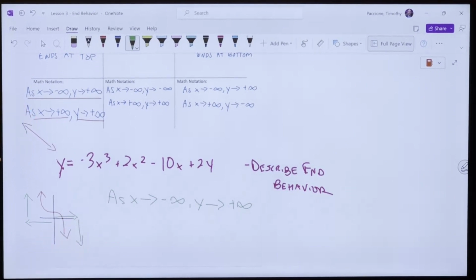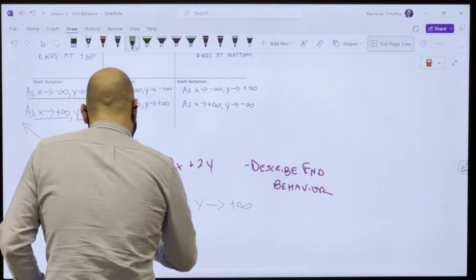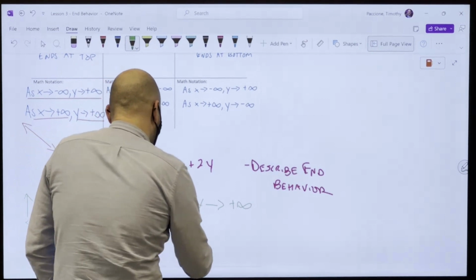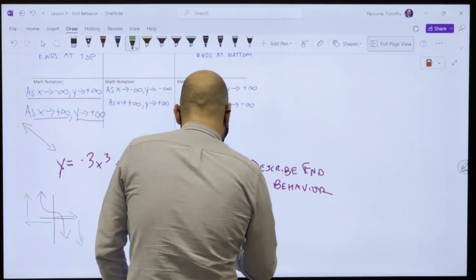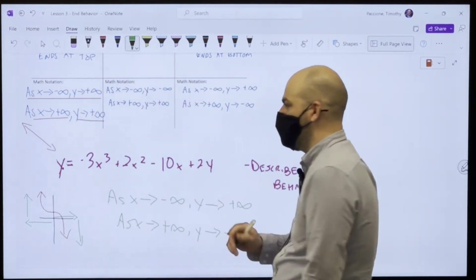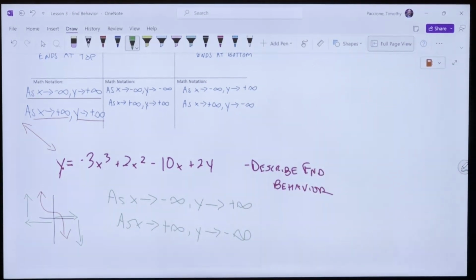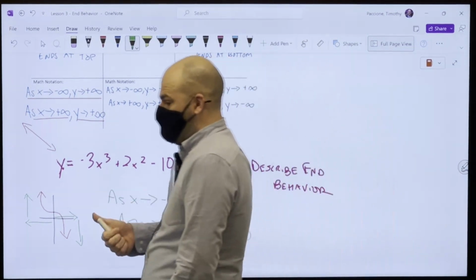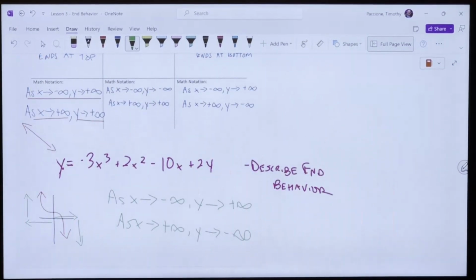As x goes to positive infinity, y goes to negative infinity. And you've answered the question using math notation. Does that make sense? Okay. Any other questions on this before we move on?